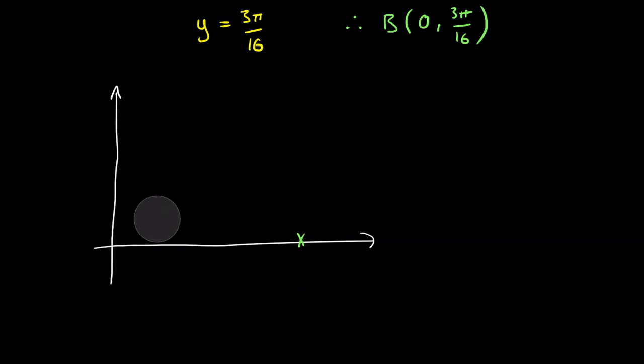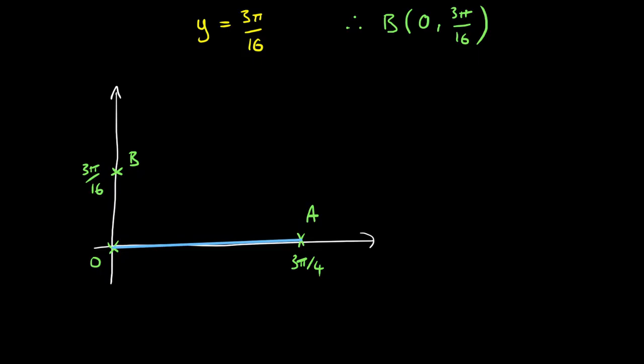That may be the better way of writing it. And we've got B, which is the coordinate (0, 3π/16), so the y coordinate is 3π/16, and this here is the origin. Well, what are we being asked to find? We're being asked to find the area of this triangle here.